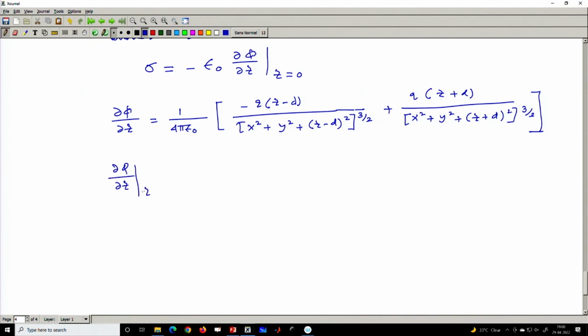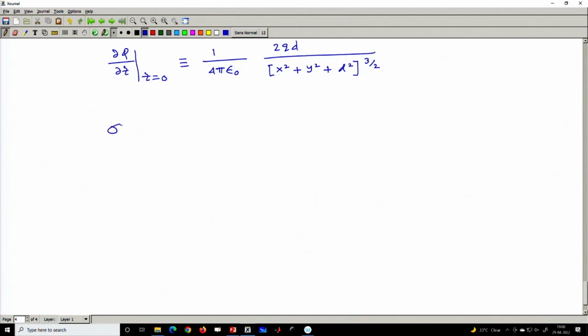Now we are going to evaluate this derivative at the point z equal to 0. That simply gives me 1 by 4 pi epsilon naught, and with z equal to 0 I have a 2 here, so it is simply 2 q d divided by x square plus y square plus d square to the power 3 by 2.